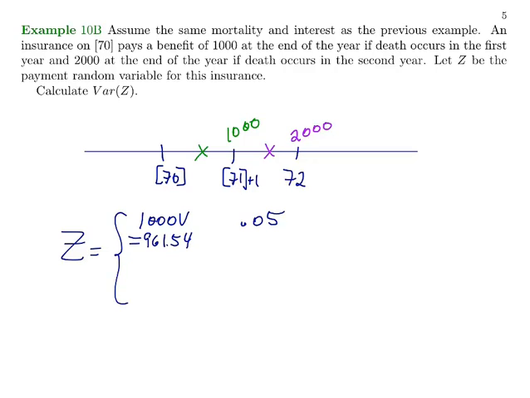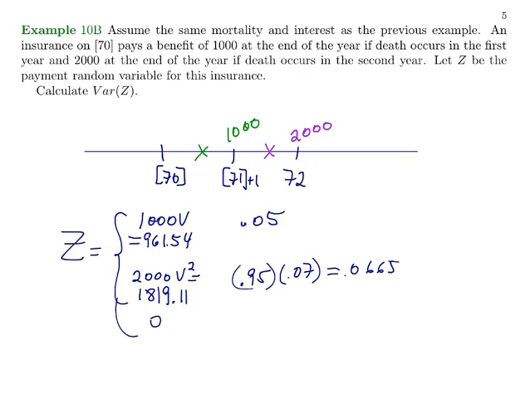We're using the same interest rate, 4%, as before. And then 2,000 V squared, which is 1,819.11, if he survives the first year but dies in the second year. And otherwise it's 0, right?